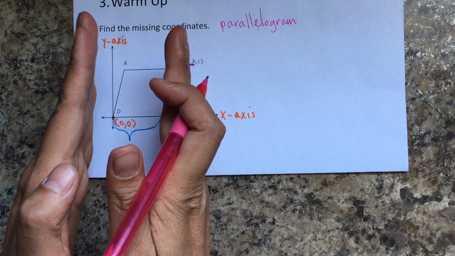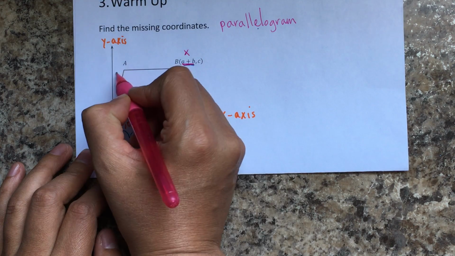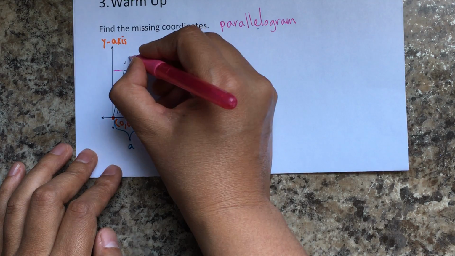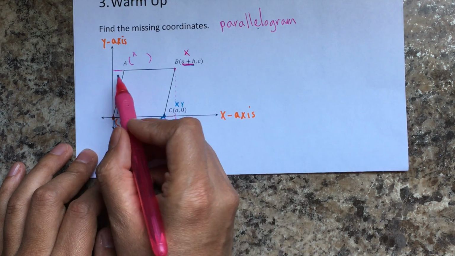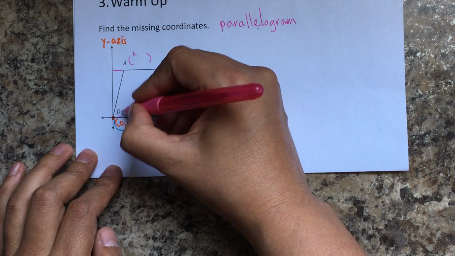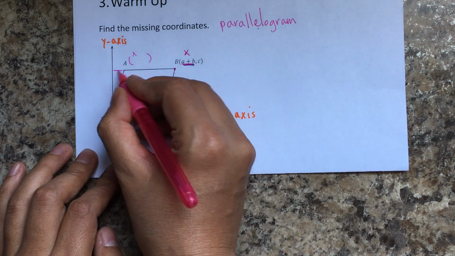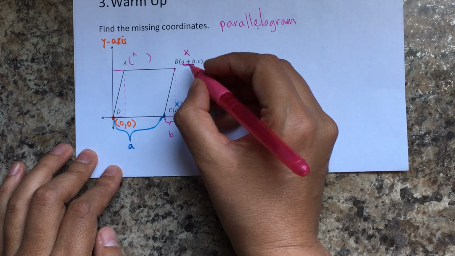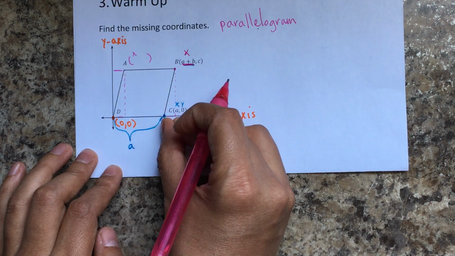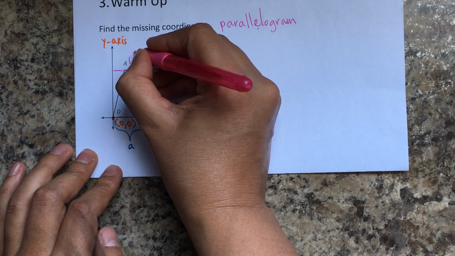Parallelograms have the same tilt, so that means that this distance right here is the same as the distance in here. So how far do I move on x to get to this point? This much on x, and we already said that that much is the same as this measurement, right? So it's going to be b for x in this point.